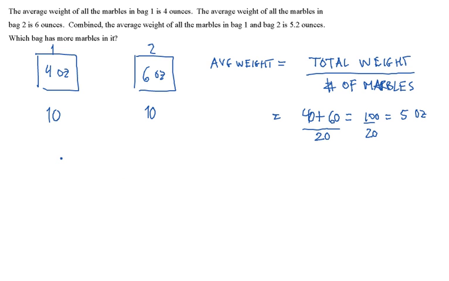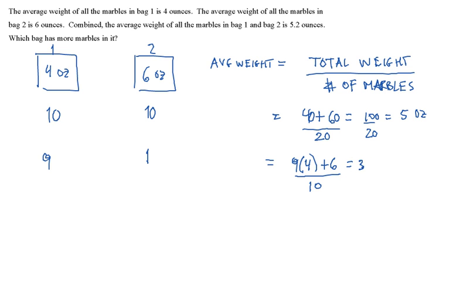Now suppose that there were 9 marbles in bag 1 and only 1 marble in bag 2. What would the average weight be here? Well, once again, it's the total weight divided by the number of marbles, and you would have 9 times 4 would be the total weight of all the marbles in bag 1, plus 6, which is the total weight of the marbles in bag 2, divided by 10.